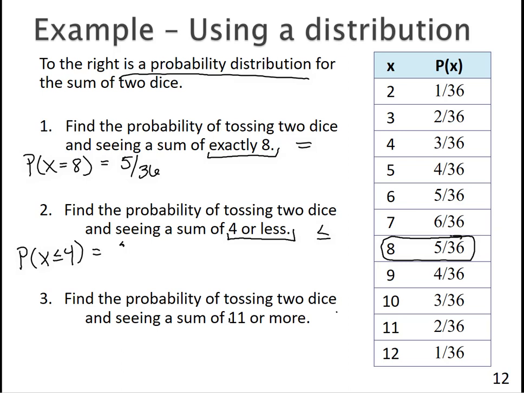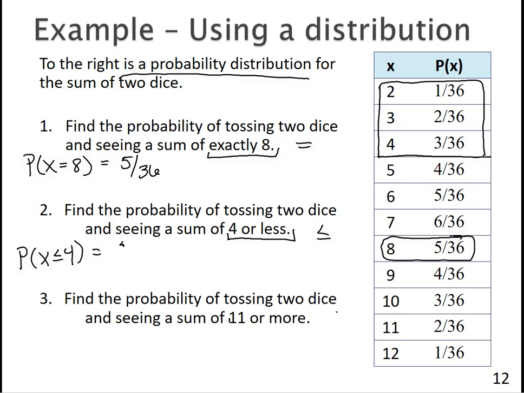To find that, I'm going to look for 4 in my probability table, and I'm going to look for values less than 4. In that case, that's an x value of 3 and 2. So I'm looking for the probabilities of 4, 3, and 2.